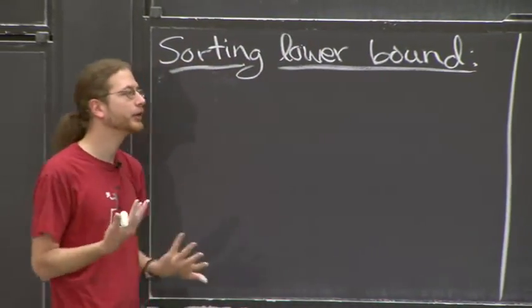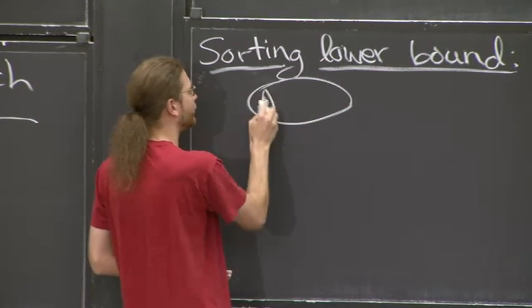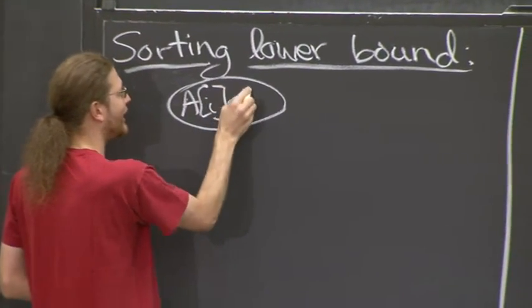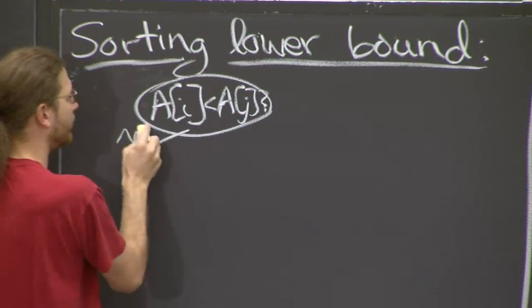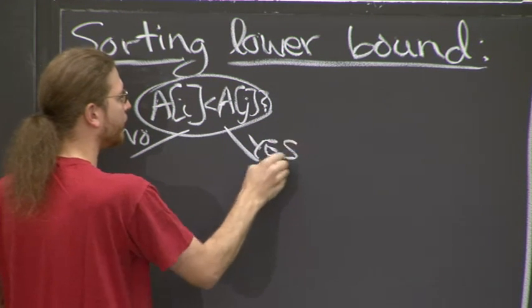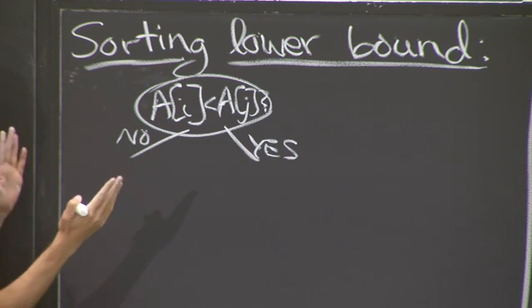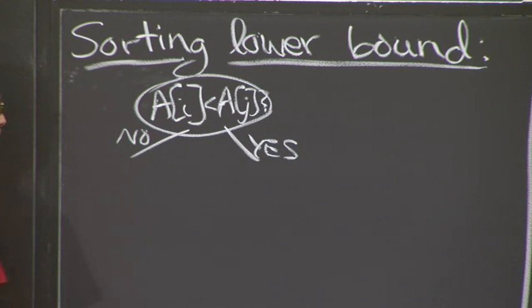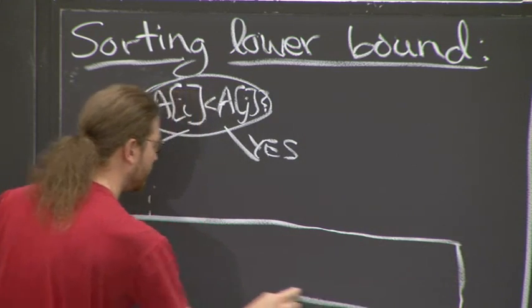You're comparing two items, A_i versus A_j. So I'll draw the generic version. You have A_i less than A_j, question mark. And then you'll have a no and a yes. So that's what a typical comparison would look like. Swaps don't appear here because we're just looking at the comparisons. And then when you get down to a leaf, this is the interesting part.